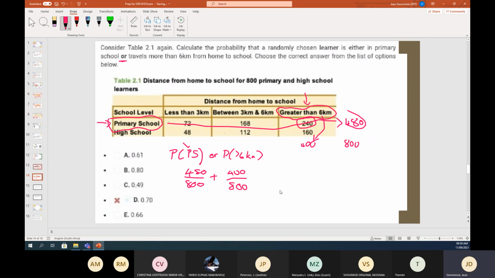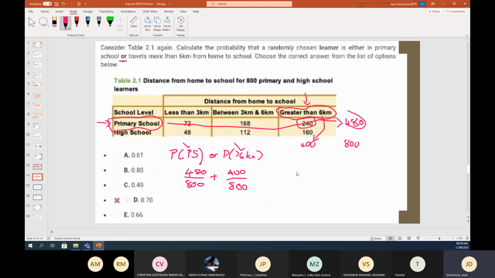Now what you will see is suddenly we have 880, so we have more than one, and that can't be. You can't have a probability of more than one. So what in these two am I adding twice?